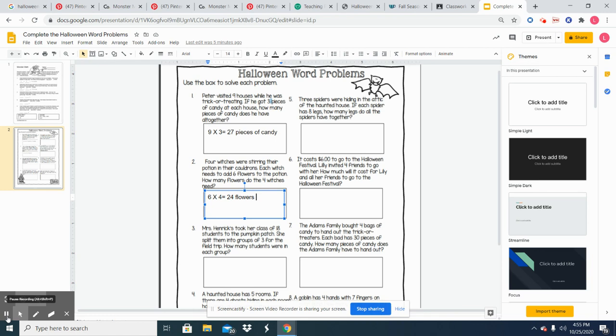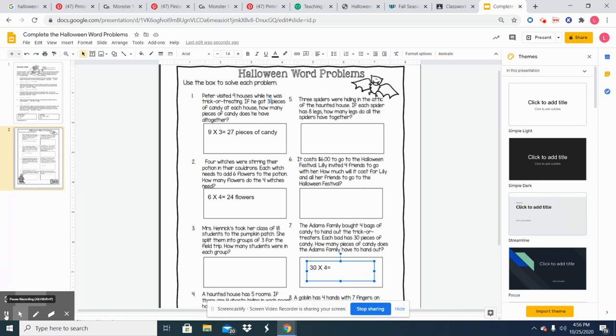It doesn't say the word altogether, but that's what it's asking you. So it would be 30 times 4. This question was a tricky one because the word wasn't in the text, but it was implied. They are asking you how many pieces of candy do they have altogether to give out.